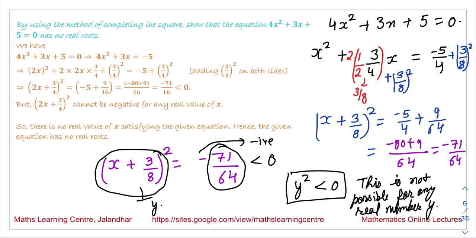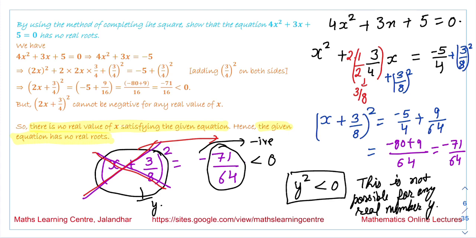It means there is no such value for which this number is negative. It means this equation has no real solution. So the given quadratic equation has no real roots.